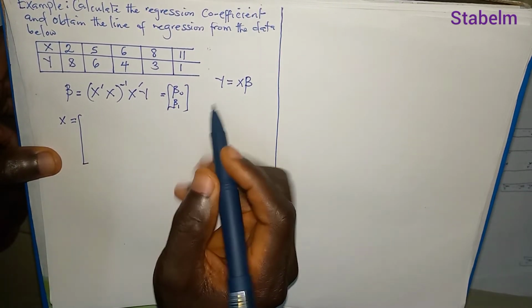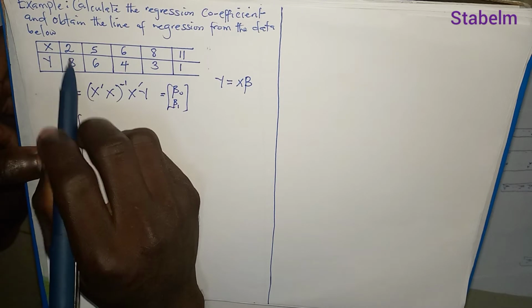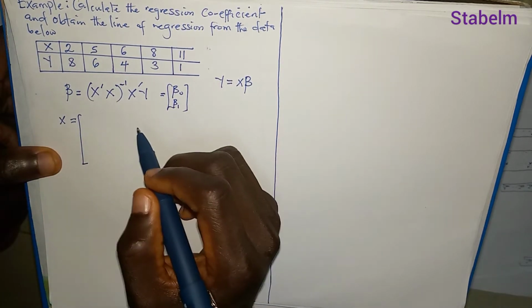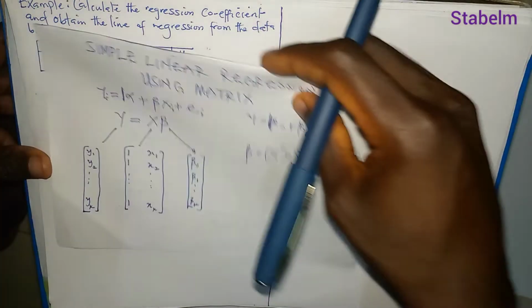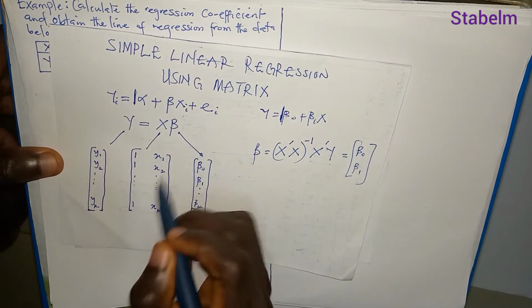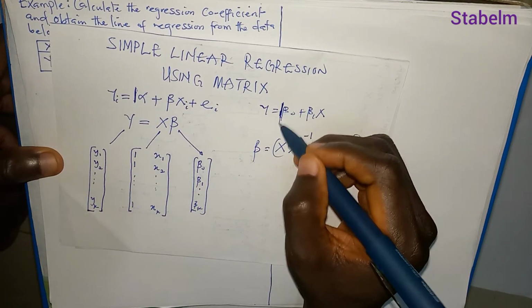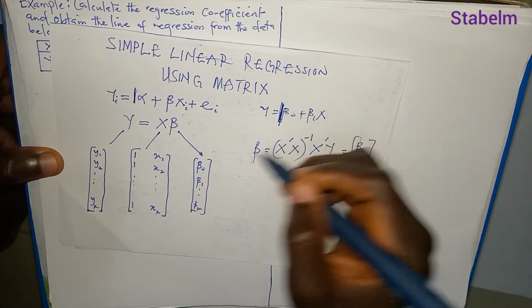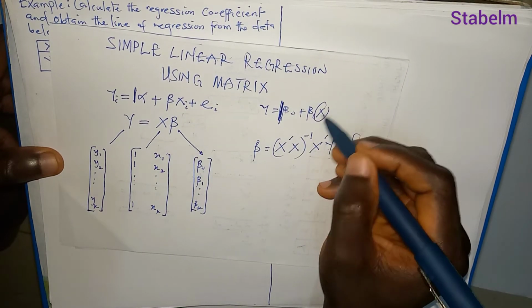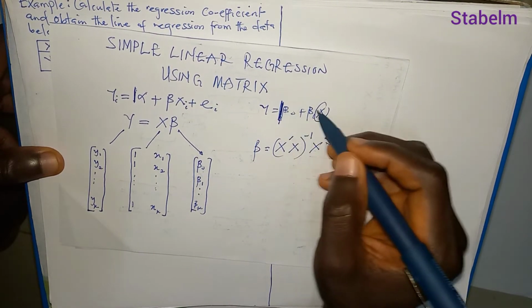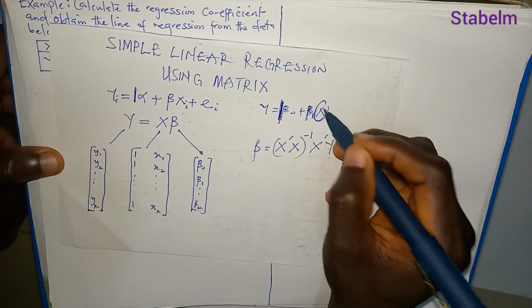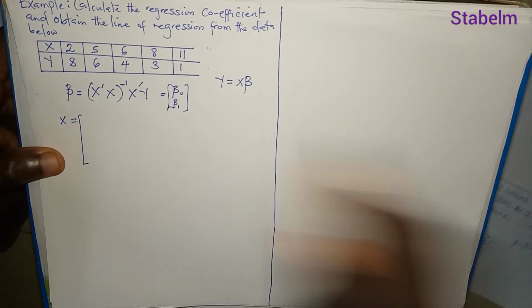Now what are the values of x? As we saw the other time, here we have the notation of x to be 1, x, because the coefficient of beta naught is 1 and the coefficient of beta 1 is x, and x is our variable.